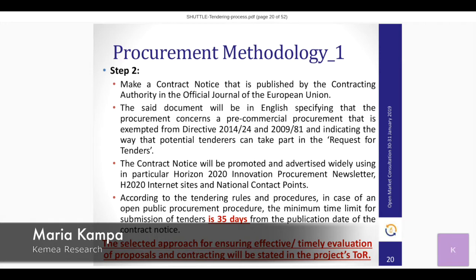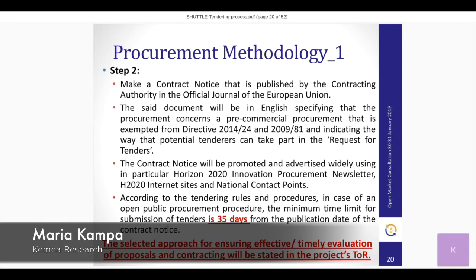The second step, a contract notice will be published by the contracting authority in the official journal of the European Union. The aforementioned document will be in English, specifying that the procurement concerns a pre-commercial procurement, that it is exempted from Directive 24 of 2014 and 81 of 2009, and indicating the way that potential tenderers can take part in the request for tenders.